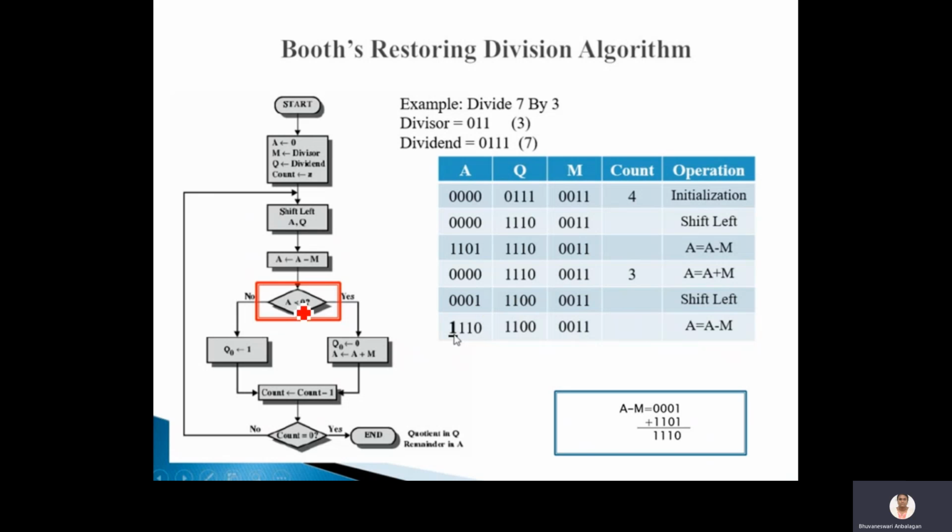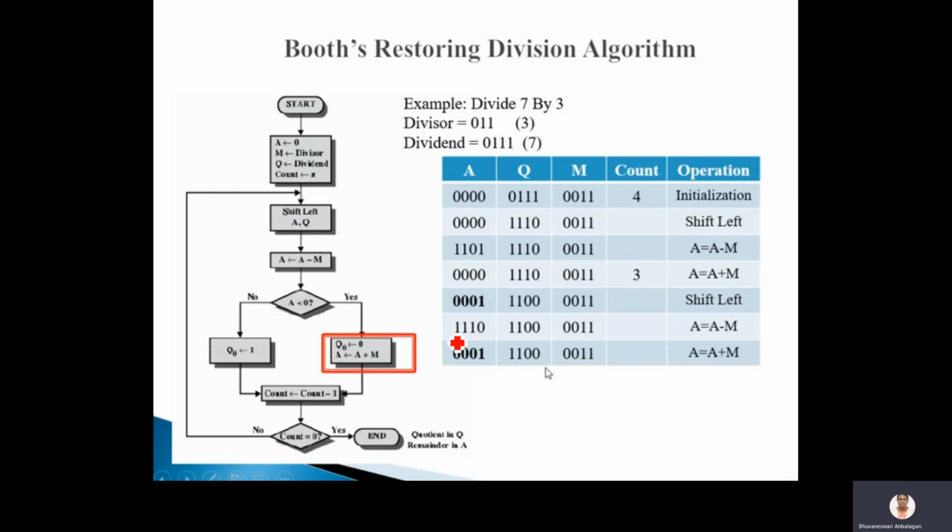Okay. Now the A less than 0 condition. How will I find it? I will find out the sign, the most significant bit. It is 1. Okay. So what I have to do? Since A is a negative number, I have to give Q0 as 0 and A is equal to A plus M. Okay.